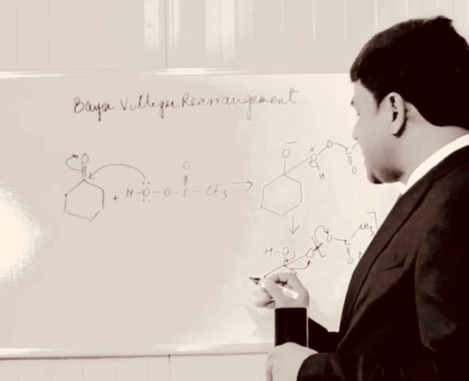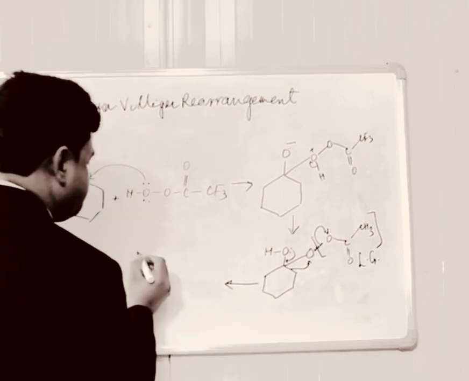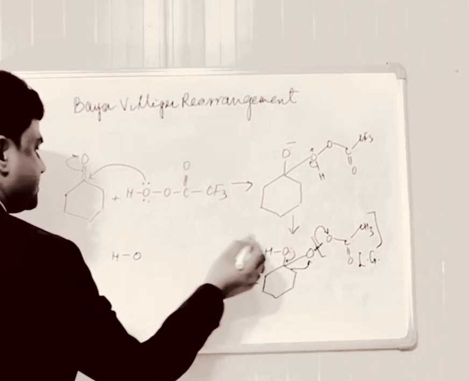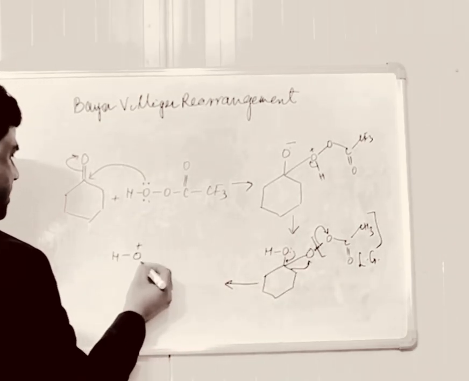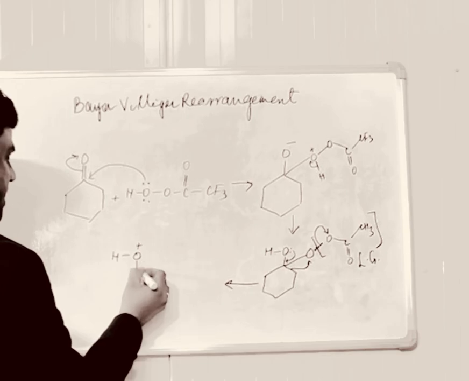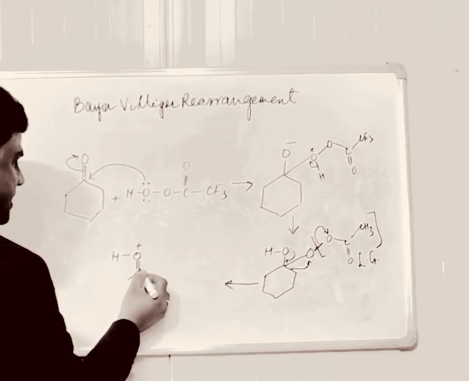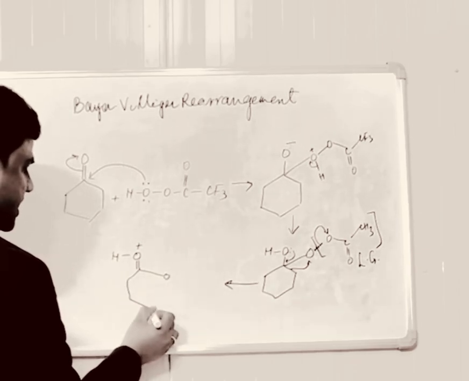Then our next product is like that, O, H. Here, since this positive charge is shifted here, there is a creation of positive charge here, and formation of a double bond, and this is O, like that.